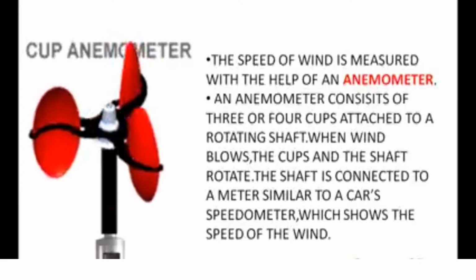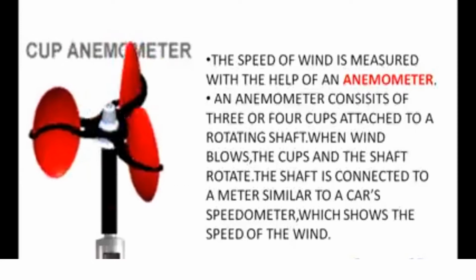The most common type of anemometer is the cup anemometer. An anemometer consists of 3 or 4 cups attached to a rotating shaft. So children, you can see in this picture there are 4 cups attached to a rotating shaft. When the wind blows, the cups and the shaft rotate.